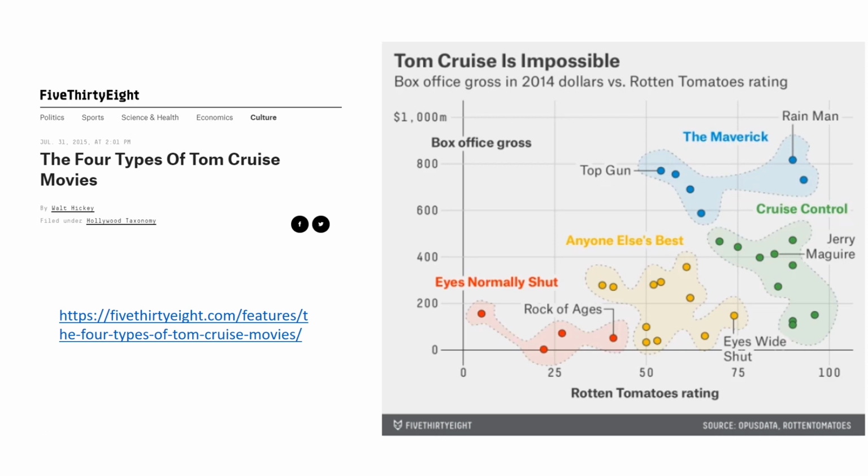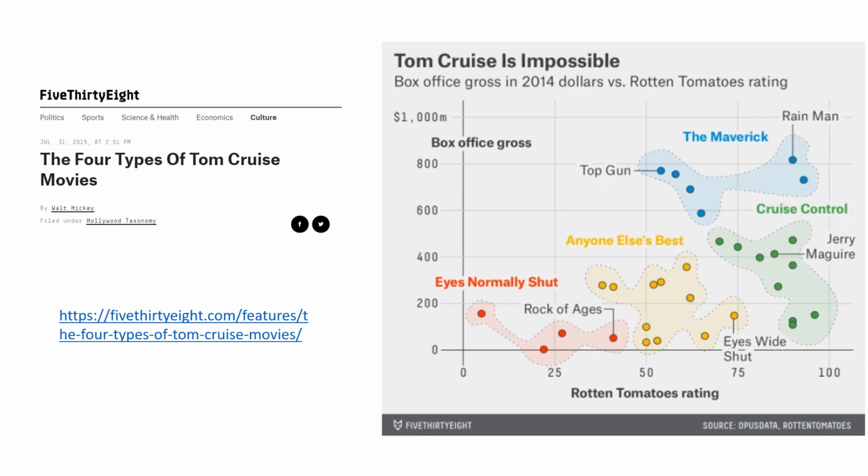So you've got really highly regarded, high box office movies like Top Gun, the classic. You've got really highly regarded movies that make good money, but not amazing money, like Jerry Maguire. You've got middle of the road stuff, where Tom Cruise is able to pull in good ratings and lots of money, which is about what a normal movie is.